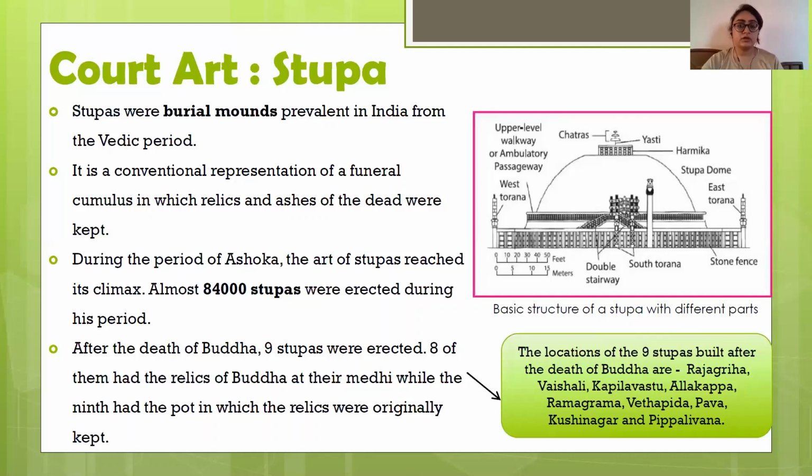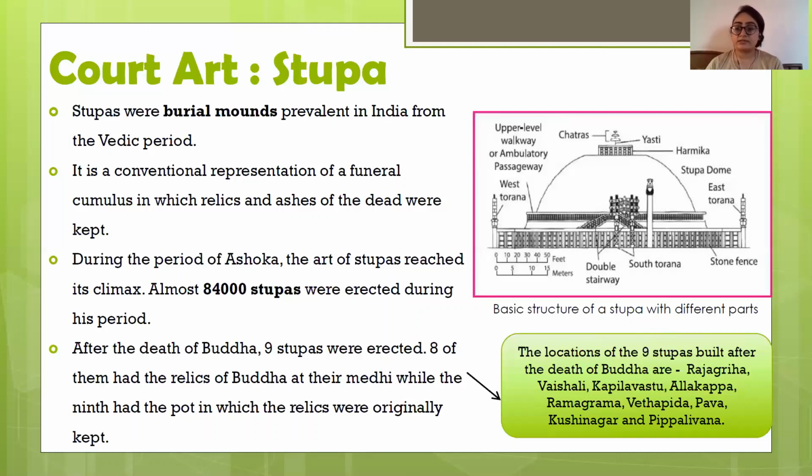Fine. Now it is said that after the death of Buddha, 9 stupas were erected. 8 of them had the relics of Buddha at their center, while the 9th had the pot in which the relics were originally kept. So which are the 9 stupas built after the death of Buddha?